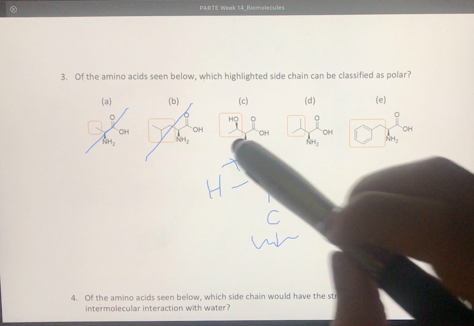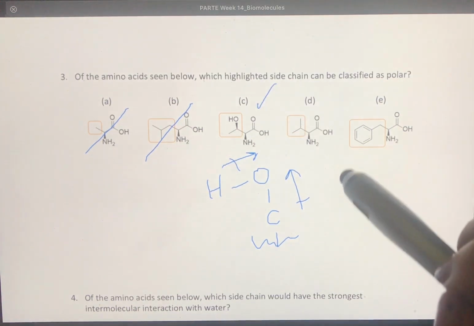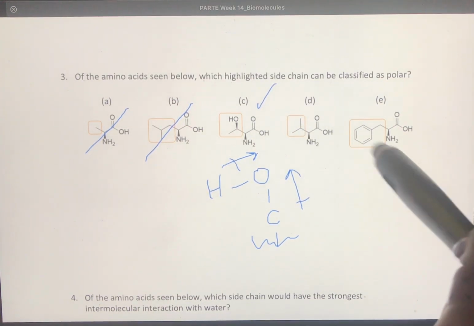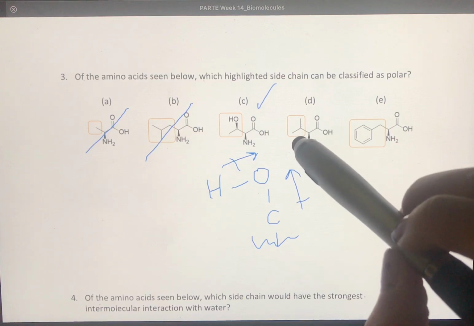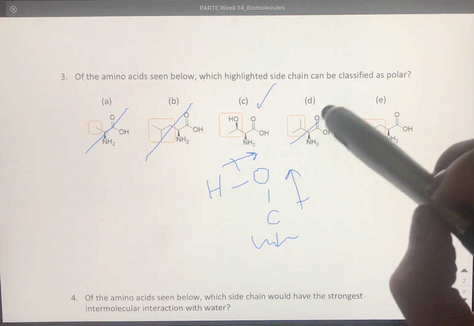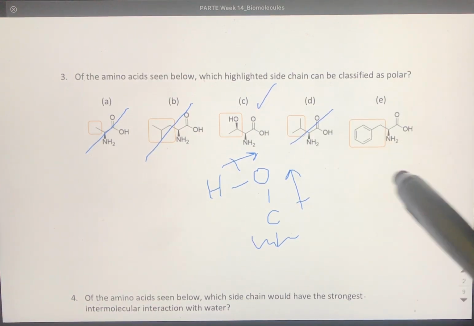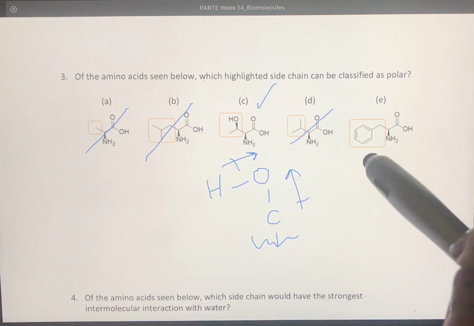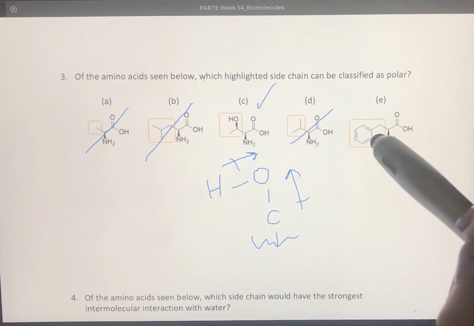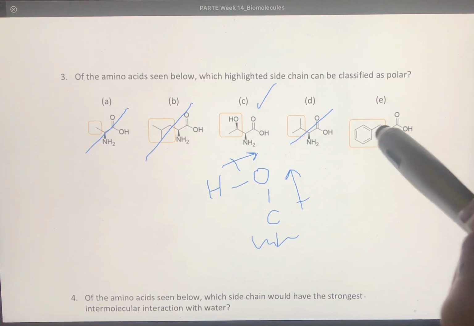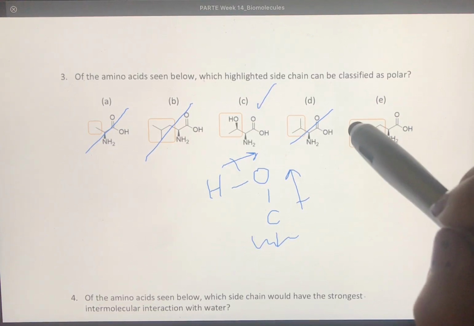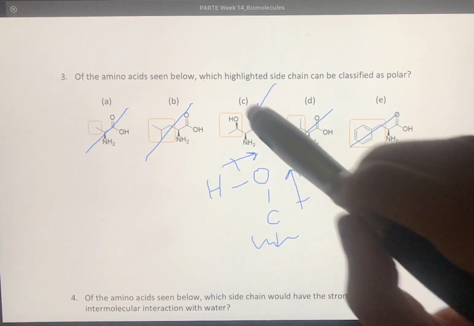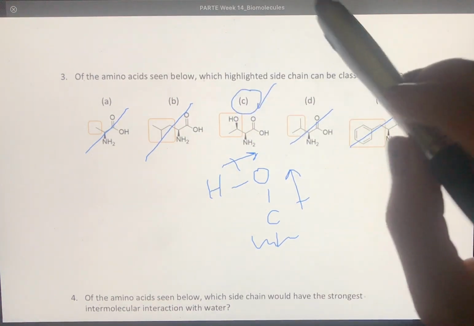So this will be polar here. And then these other two examples, we just have carbons and hydrogens. So these are non-polar. And even though this benzene looks a little tricky, because we have double bonds, double bonds don't make anything polar if we don't have more or less electronegative atoms, because these are still just carbons with hydrogens. So the answer here is C.